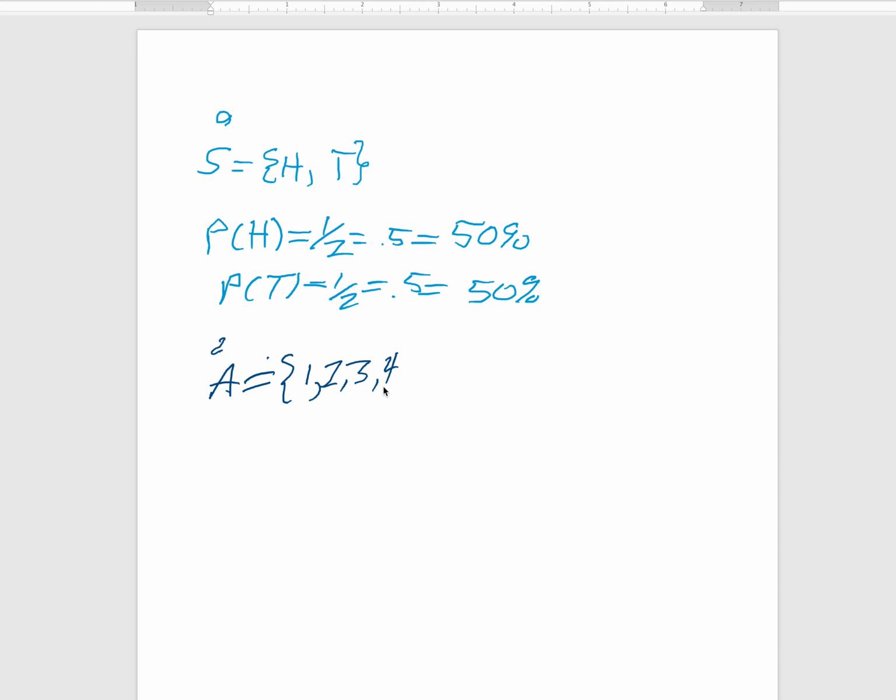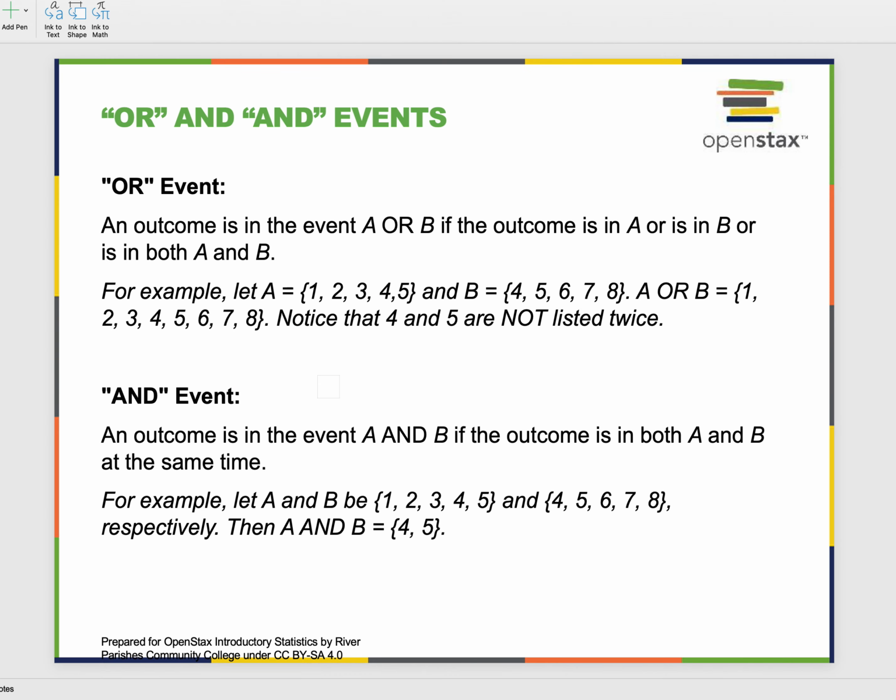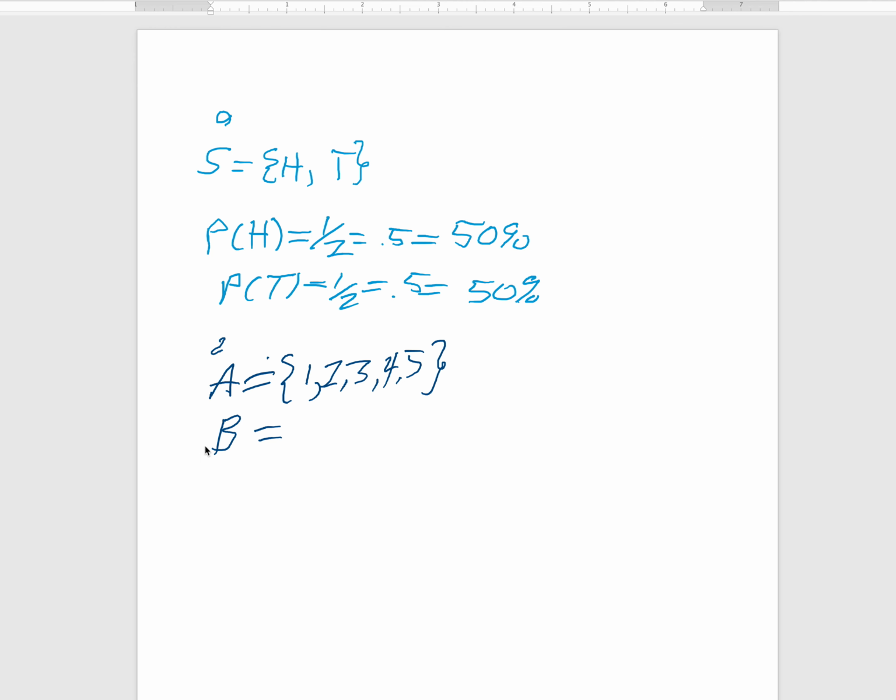B is 4, 5, 6, 7, 8. And we list the things in these brackets, and they're called sets. And the different elements are separated by commas. If I didn't separate it by a comma, that would be 56.